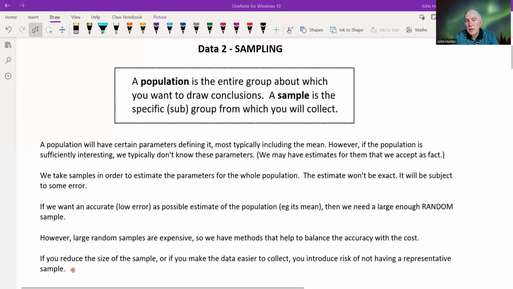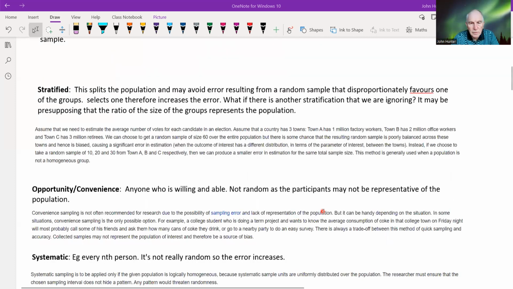That increased risk is reflected in the error, the plus or minus 2%, or however we want to define it. So we have a number of ways of sampling, of breaking down the data in terms of groups and things like that. Let's have a look at some methods.